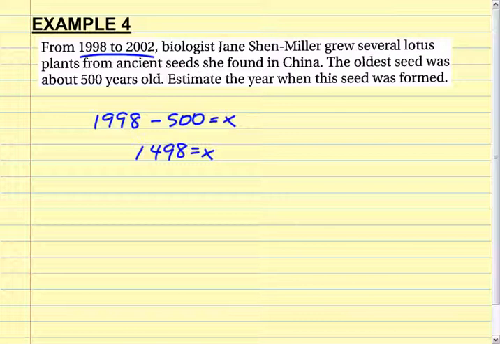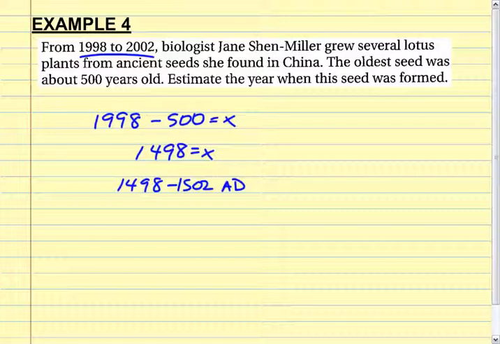What do you think, Daniel? 1498 to 1502? Yeah. Right? A 4 year span, if the seed was exactly 500 years old. Okay. The year. Why don't we just do AD? How's that? Everybody good with that? All right, nice job. I think you're ready for your homework.